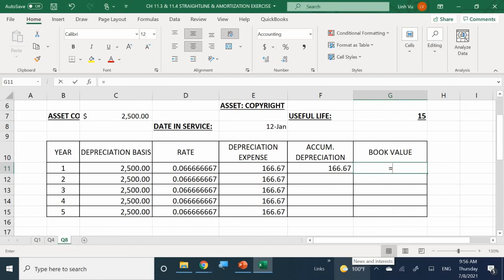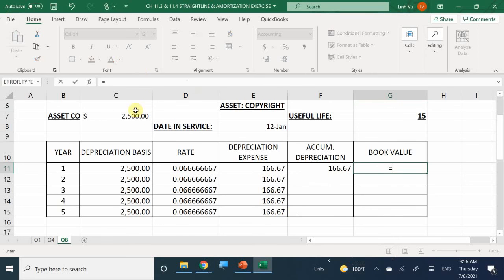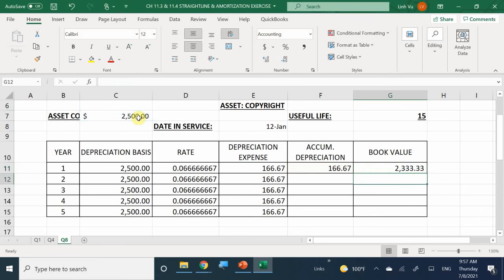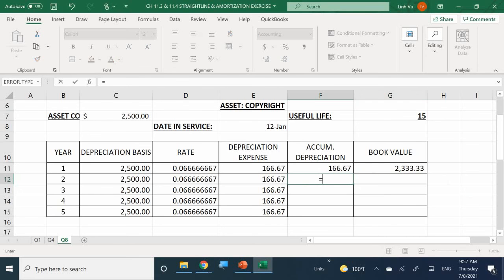So in this case, what's my book value going to be? 2,333.33. Good, right? What's my accumulated amortization for the second year?